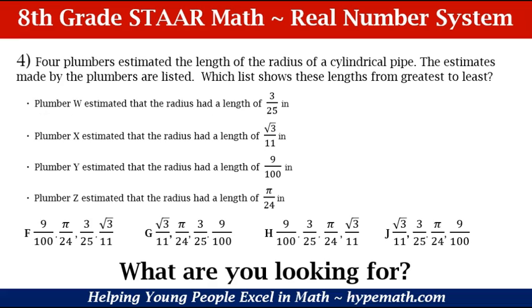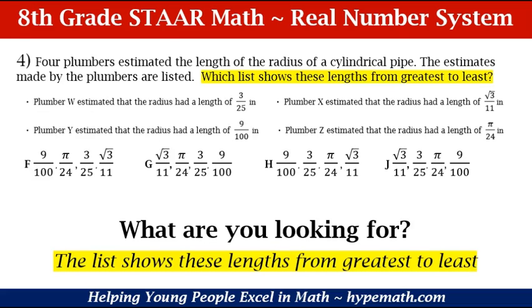The first question we're going to ask, as usual, is what are we looking for? We are looking for the list that shows these lengths from greatest, that means the larger number, to least, the smaller number.